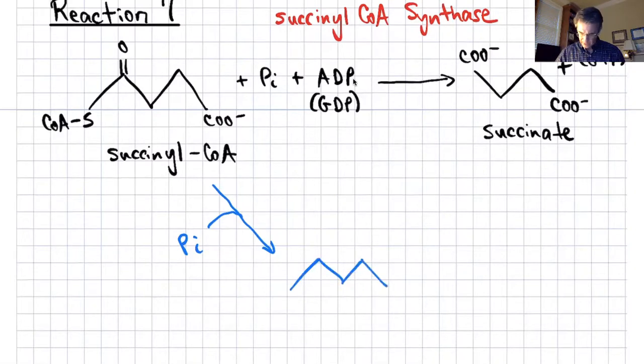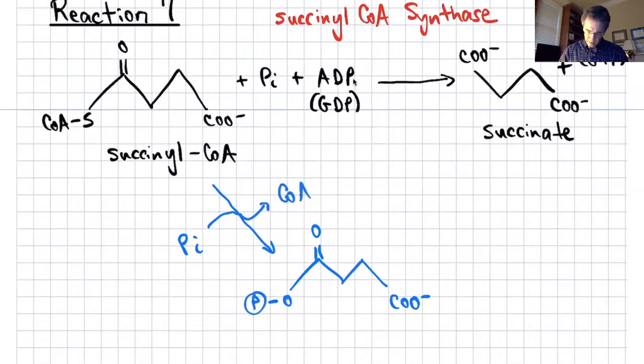This never leaves the active site of the enzyme, right? So it's never a free intermediate, but it would be directly analogous to what we did to create 1,3-bisphosphoglycerate in glycolysis, right? Where we've now split that bond to give reduced CoA, right?